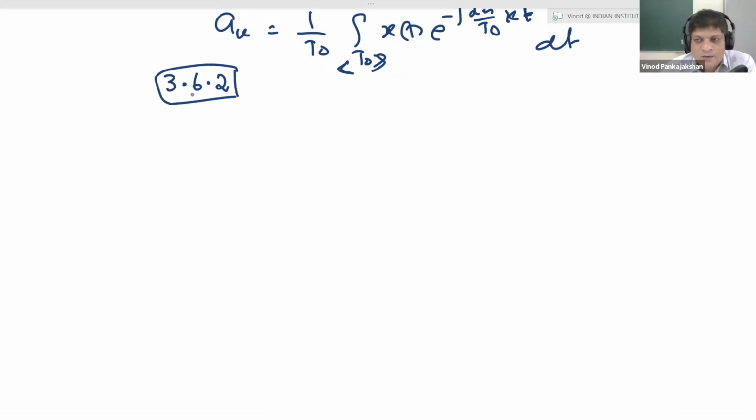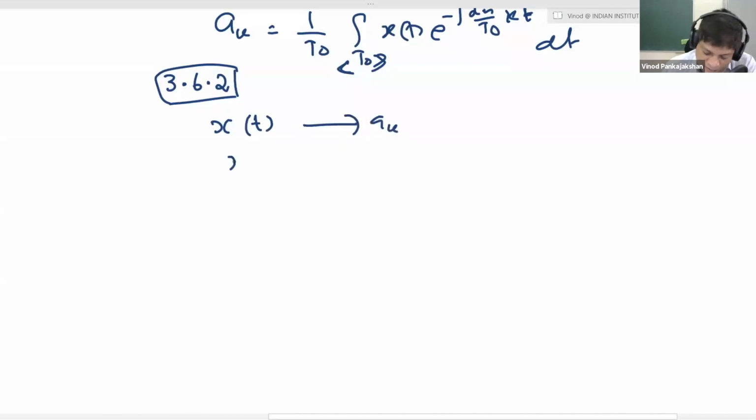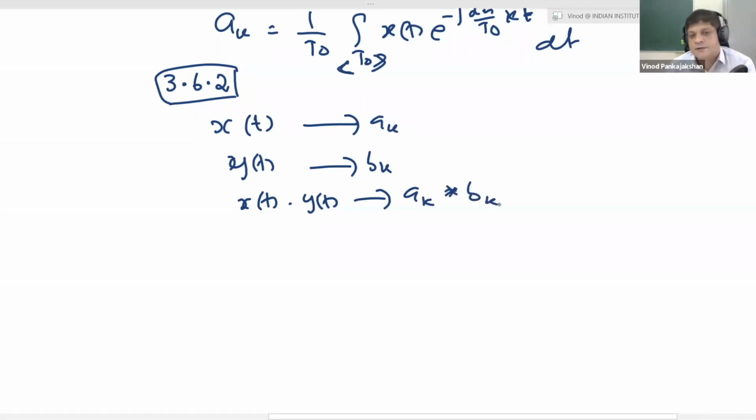Okay. When I say that the properties are similar, not all the properties are similar. For example, the multiplication property. What is the multiplication property in the case of continuous time Fourier series? If x(t) has coefficients a_k and y(t) has coefficients b_k, then x(t)y(t) has the convolution of a_k and b_k. Multiplication in the time domain is convolution in the Fourier domain.